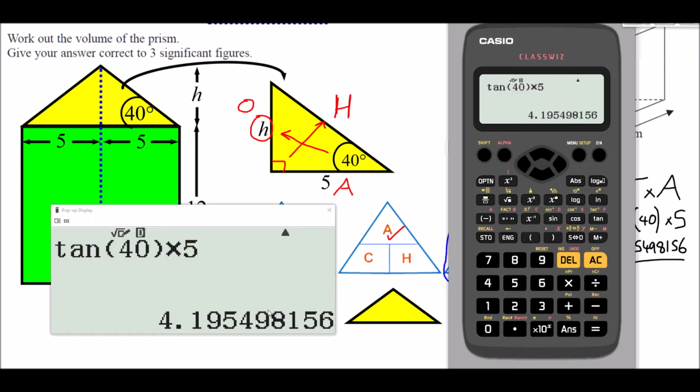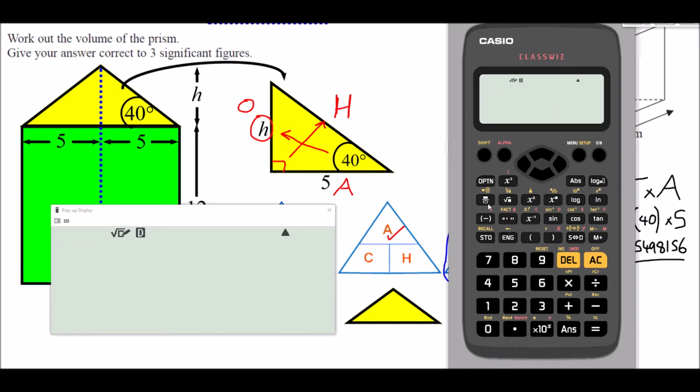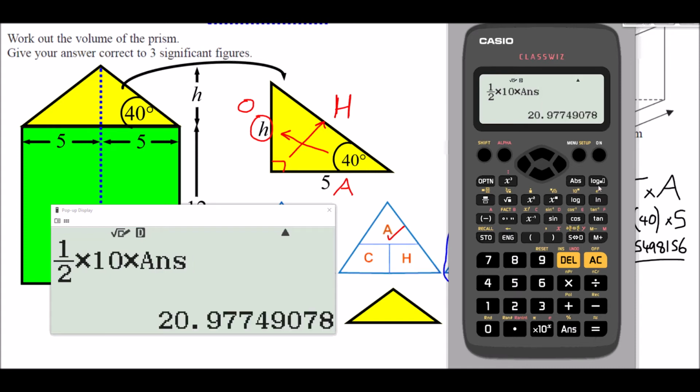So half times 10 times the answer we've just got. We may as well leave that stored. So it's half times the base, which is 10, multiplied by the height, which is our previously stored answer. So I'm just going to press ANS as a little easy cheat. Press equals, we get 20.977 and so on.